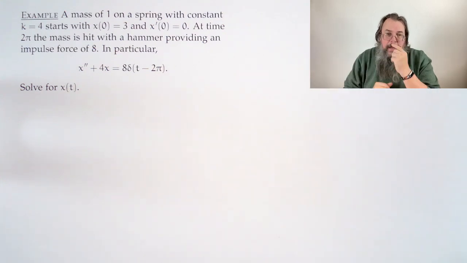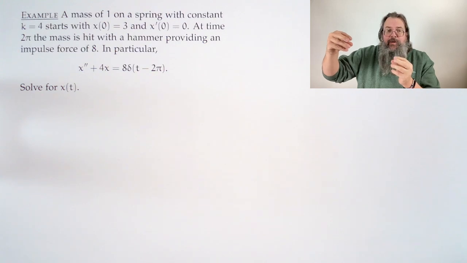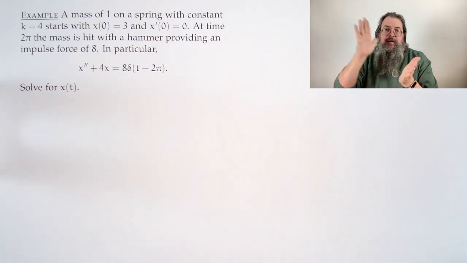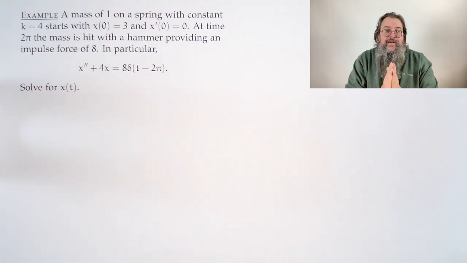So x prime of 0 equals 0 means that there's no motion when you start. So that's why I say stretch the spring and at time 0, release. At time 2 pi, the mass is hit with a hammer, providing an impulse force of 8. In particular, x double prime plus 4x is equal to 8 delta of t minus 2 pi.